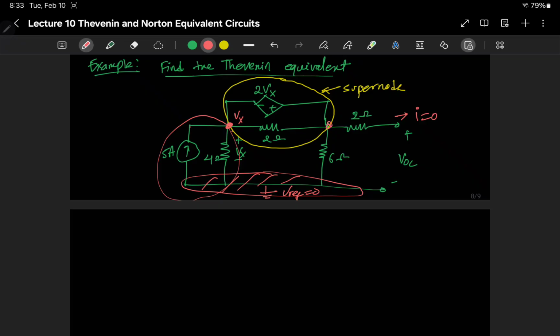And since the current across the open circuit is 0, we can assume that there is negligible voltage drop here, and then this will be VOC, right? And we can randomly assign current directions to solve for KCL. So we can write this and this, and we can write plus minus plus minus. Okay, so that should be enough to do node voltage here.